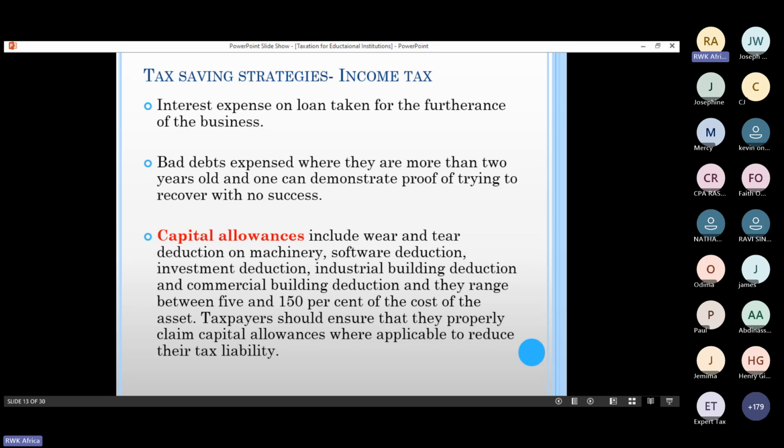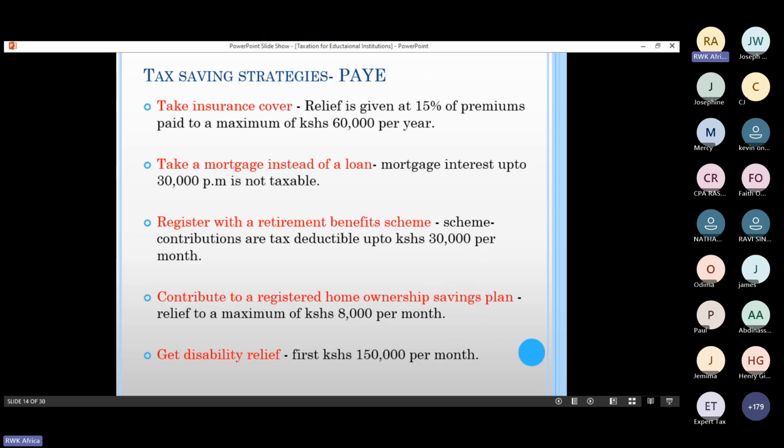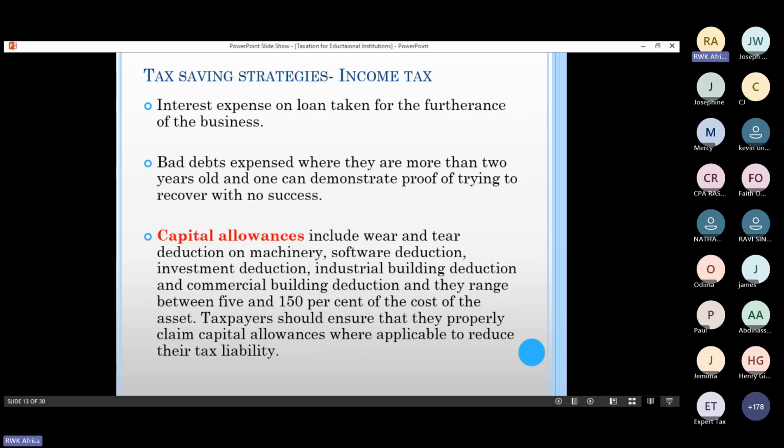It will assist in reducing the taxes that you pay. So ensure that in your tax computation there is a capital allowance, because it is allowable if you have those buildings or the machineries that they relate to, so that it can reduce your tax liability. So basically, those are the tax saving strategies under the income tax.